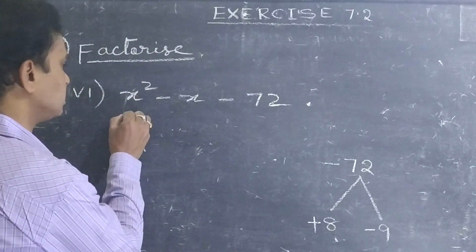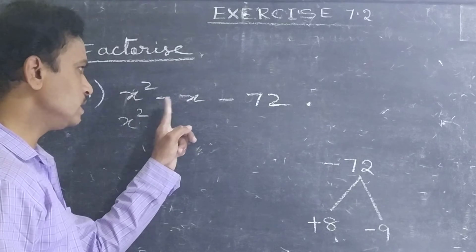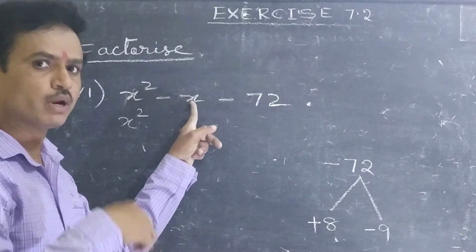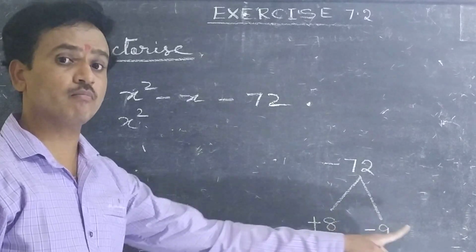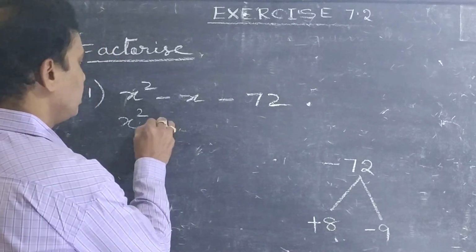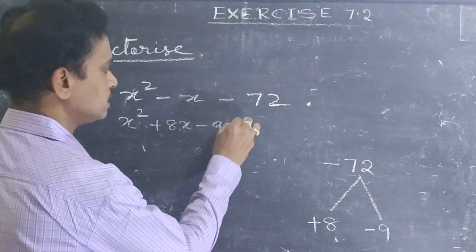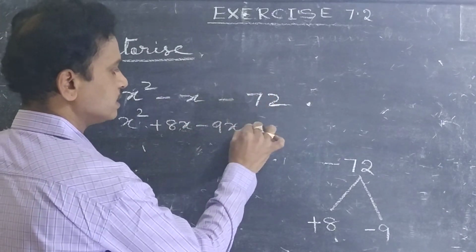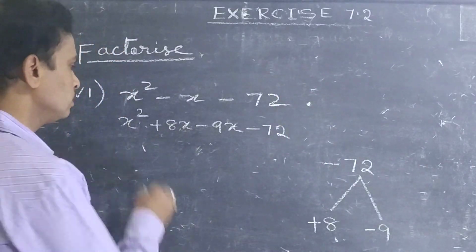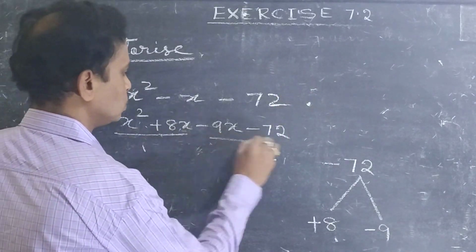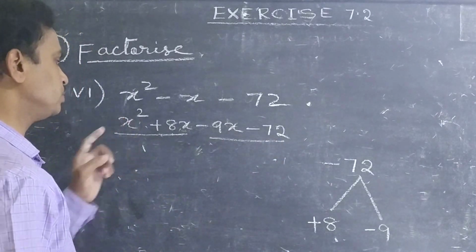How to write now? The first term you write as it is, x square, then minus x, or minus 1x, can be written as plus 8x minus 9x. Then the same as it is, minus 72. Now these two terms are one group, the last two terms another group. This we should expand.